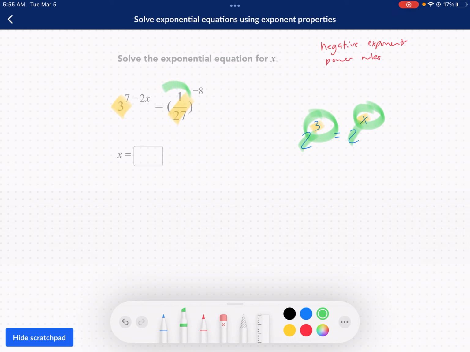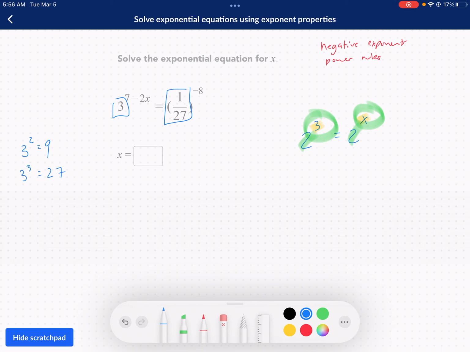We are going to try to get 1 over 27 to match 3. But how do we do that? The way we're going to do that is we are going to see if we can use 3 as a base with a certain power to get those to match. You should recognize that 3 to the second power is 9. 3 to the third power is 27.